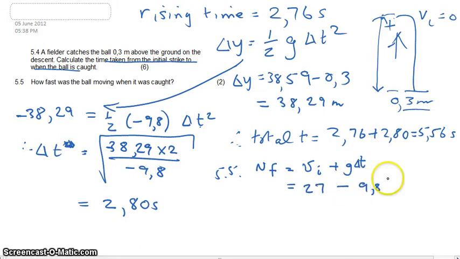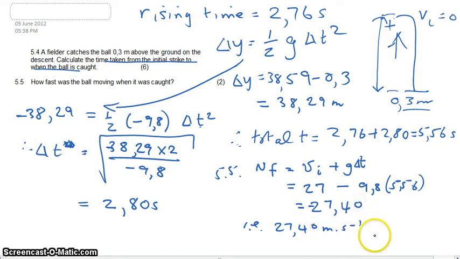Gravity is negative. The whole flight is 5.56 seconds long, and it's minus 27.4 meters per second, i.e. 27.4 meters per second downwards, because we want 2 decimal places.